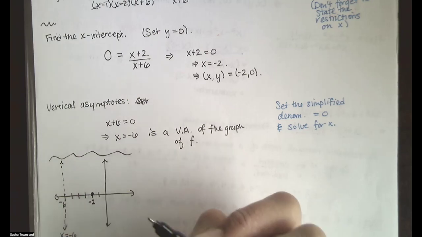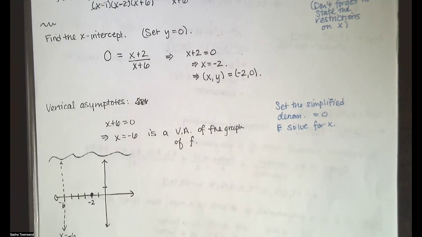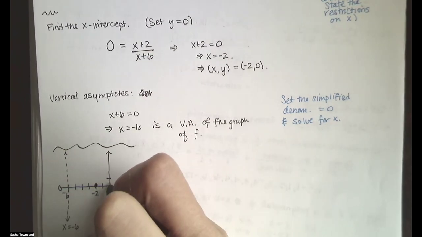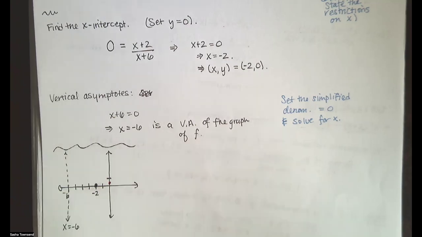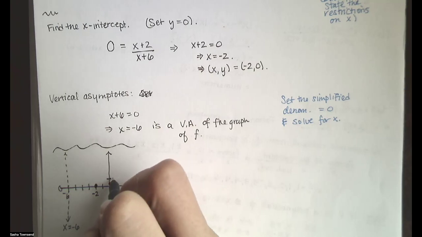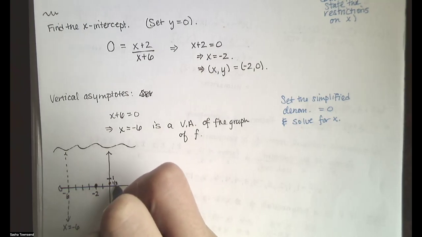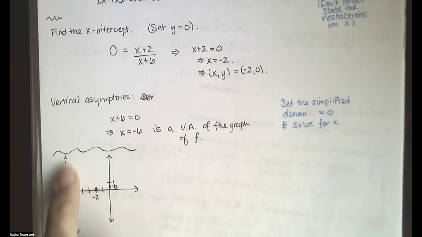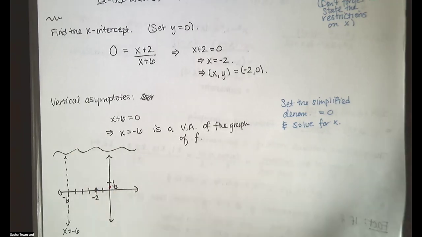X equals -2. When y is 0, x is -2. Or when x is 0, y is 1/3. So there's our x-intercept, there's our y-intercept, and there's a vertical asymptote.